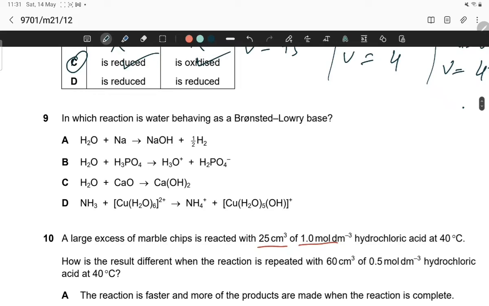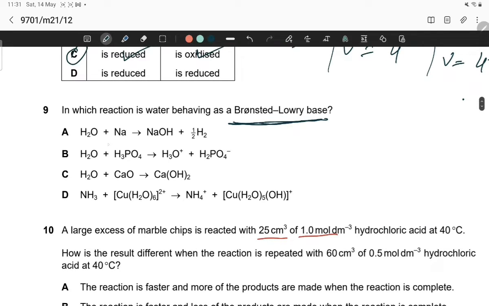In which reaction is water behaving as Bronsted-Lowry base? Bronsted-Lowry base is the proton acceptor. Okay, water plus sodium, over here sodium, because it is a metal, acts as a base, water acts as an acid, so it forms sodium hydroxide plus half H2.